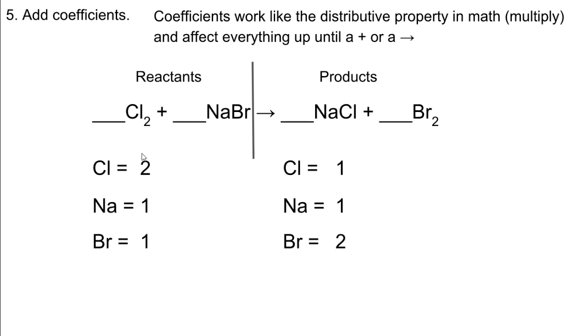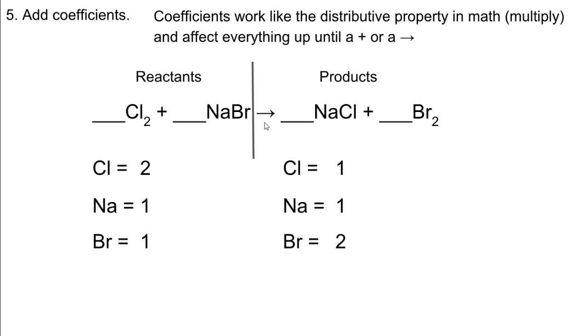How we're going to multiply is we're going to be adding coefficients. So coefficients work like the distributive property in math, multiplying, and they affect everything up until a plus sign, or an arrow or yield sign.